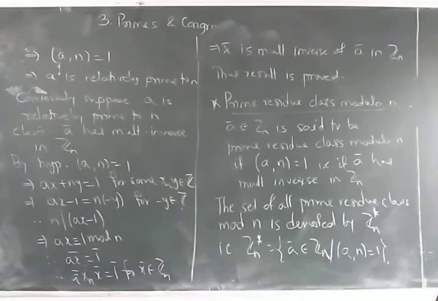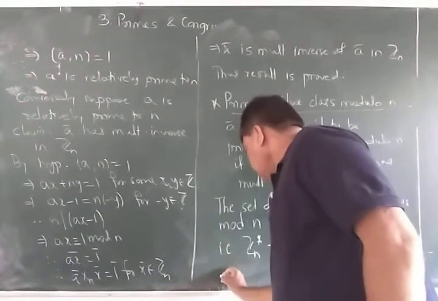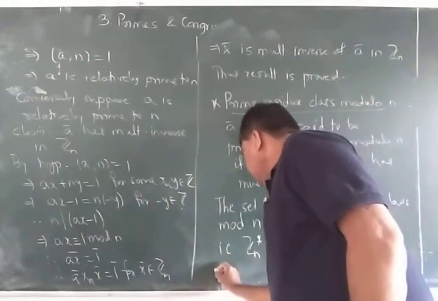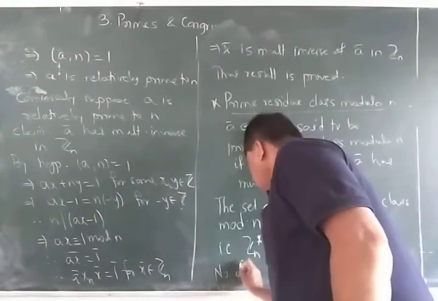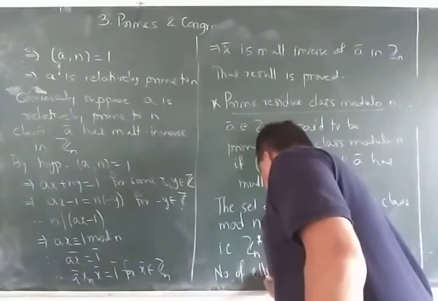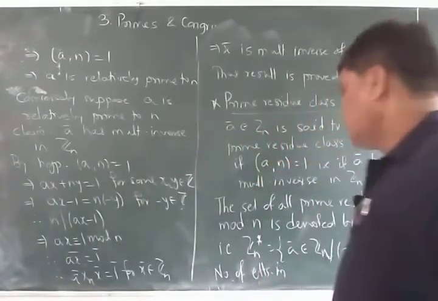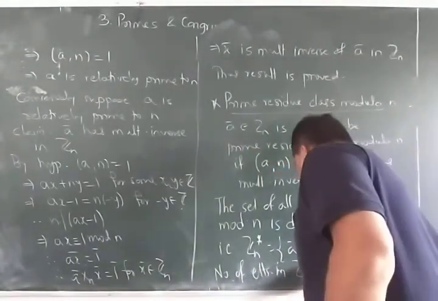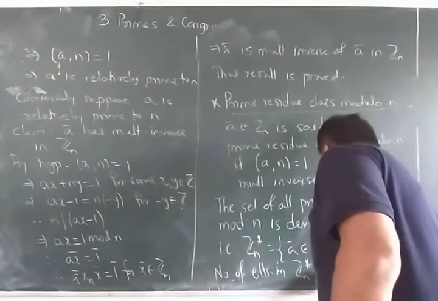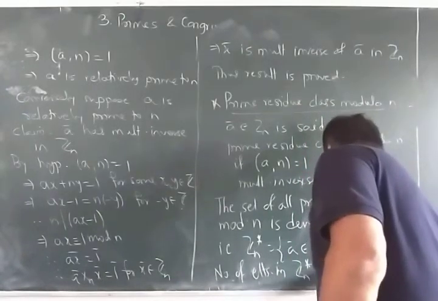Number of elements in Zn star is equal to phi of n.